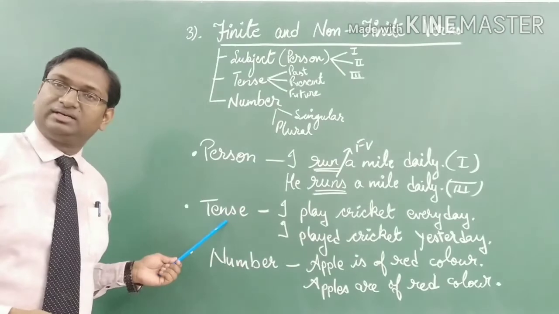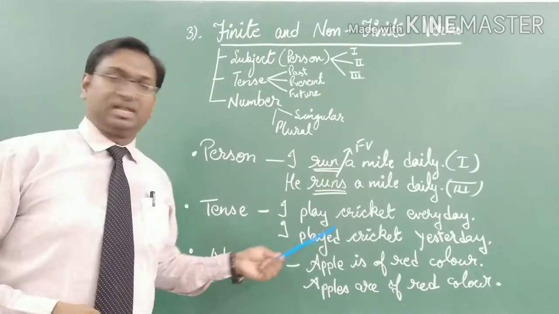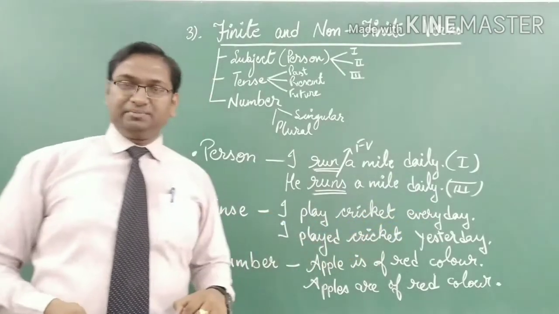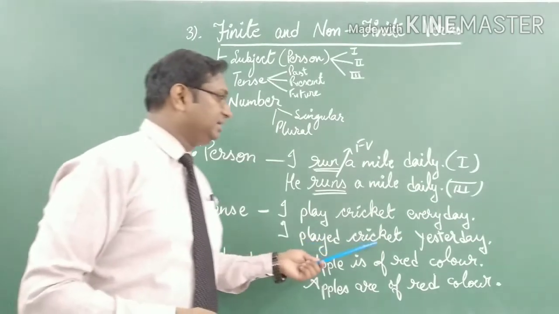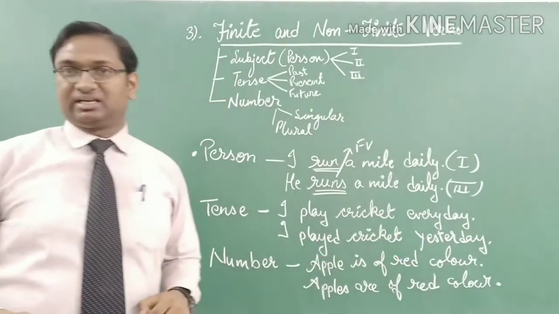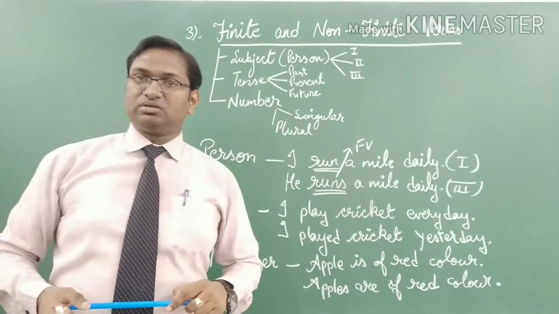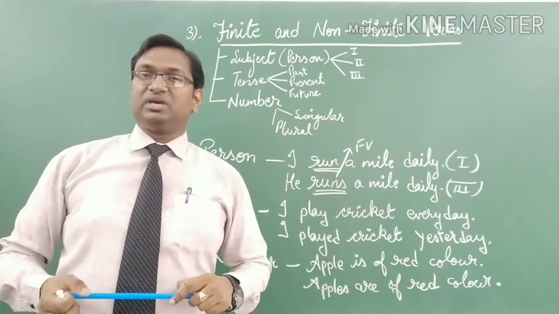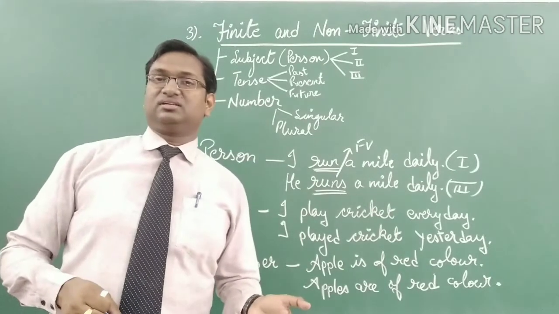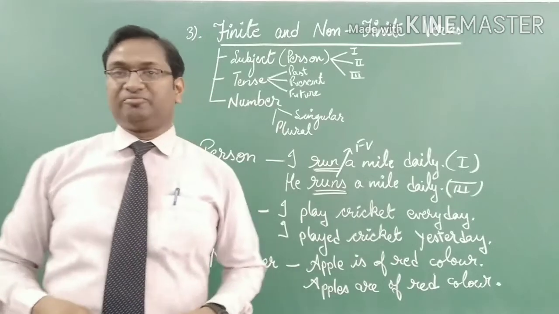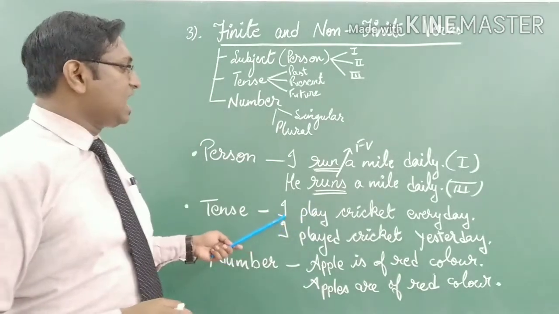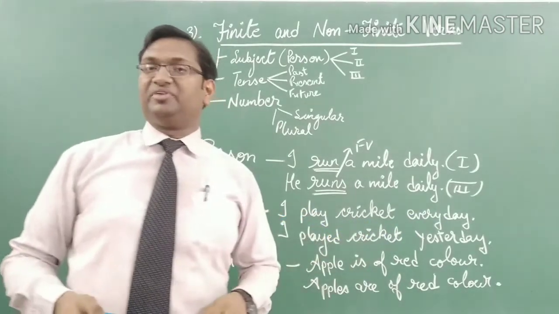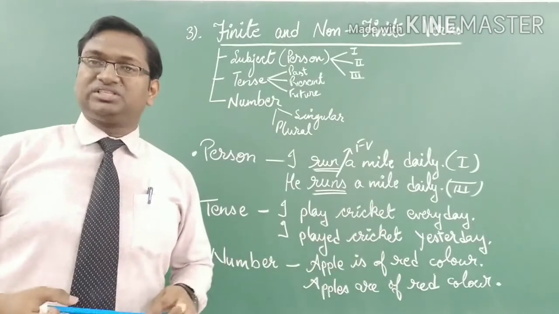Next, tense. I play cricket every day. I played cricket yesterday. Now, when we're talking about time, it means we are talking about whether it is related to the past, present or future. See the first sentence, I play cricket every day. Which time?